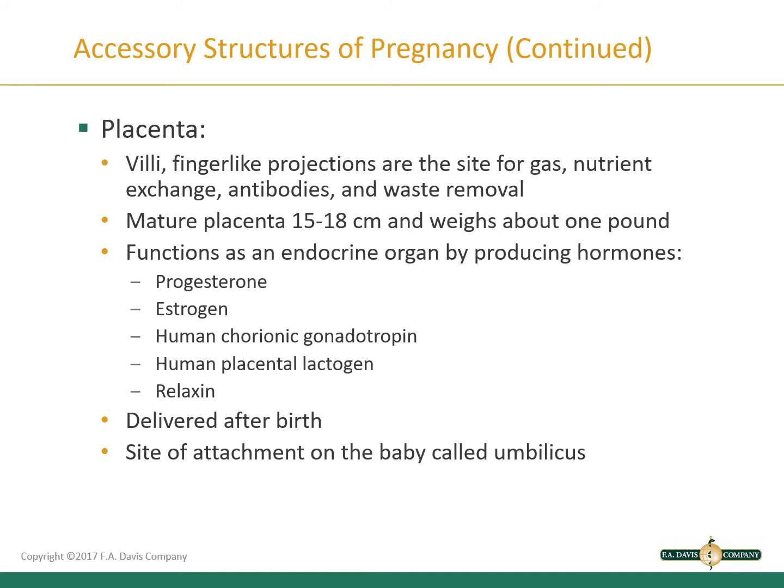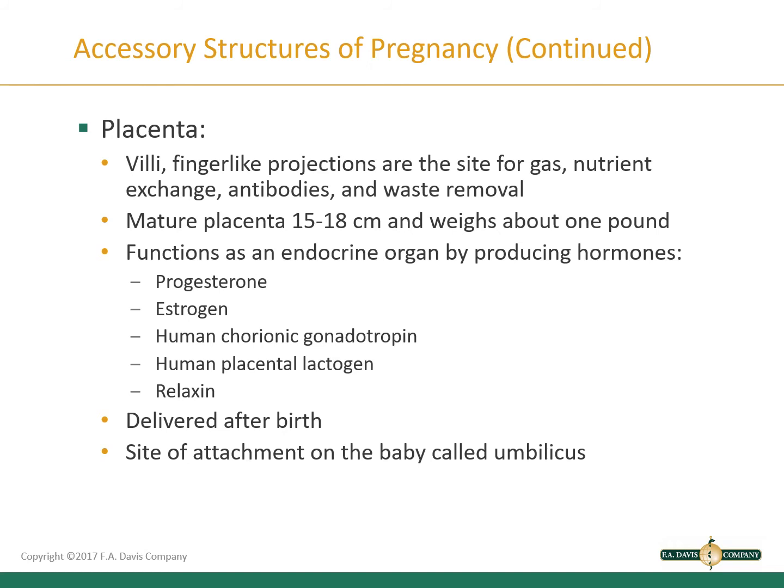We have our human chorionic gonadotropin, HCG, our pregnancy hormone. So this stimulates that corpus luteum to produce estrogen and progesterone during the first 10 weeks after conception. And you can test for HCG to determine pregnancy either by urine or blood test. Then we have our human placental lactogen that assists with milk preparation.